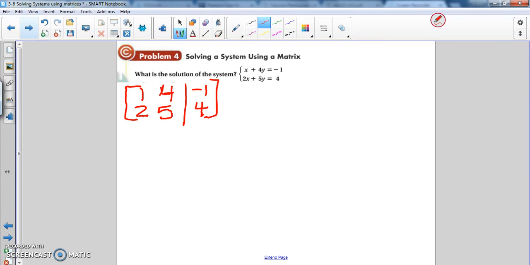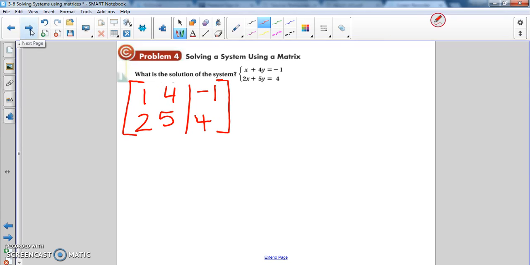So, my first element is 1. So now I'm going to go down and look at 2. I want to make 2 a 0. So I'm going to multiply row 1 by -2 and add it to row 2.